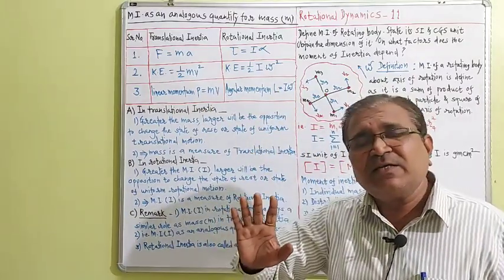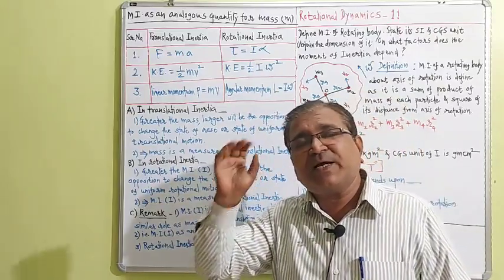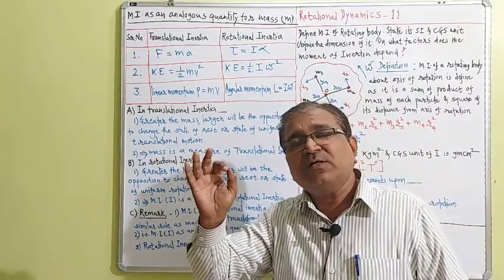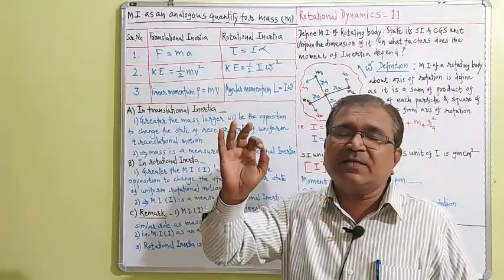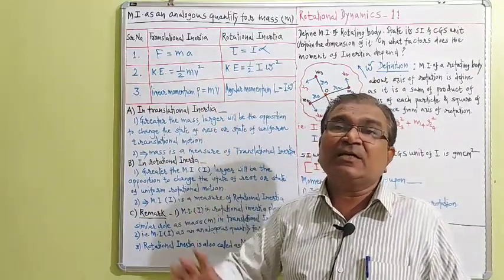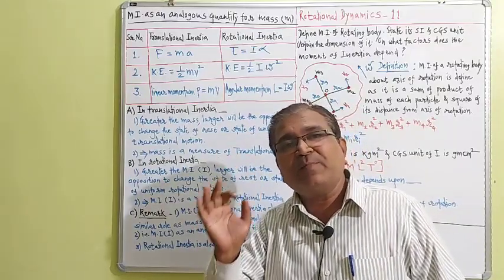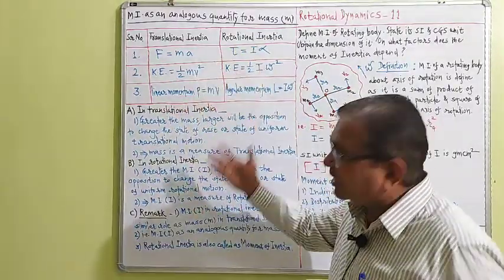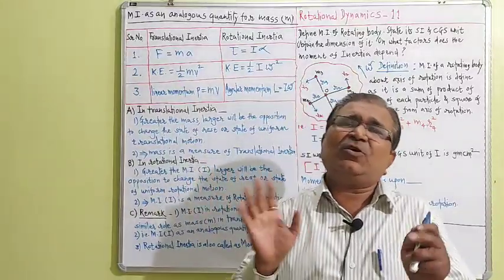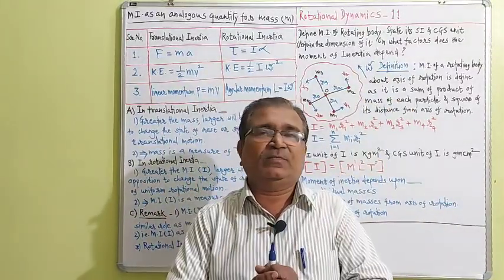In this way, how the small m plays a very important role, similar in moment of inertia in case of rotational inertia, that is easily explained by making use of this table. So this is all about the introductory part of rotational motion.